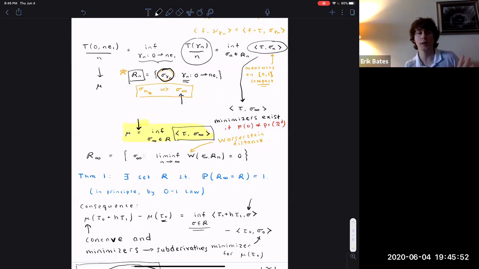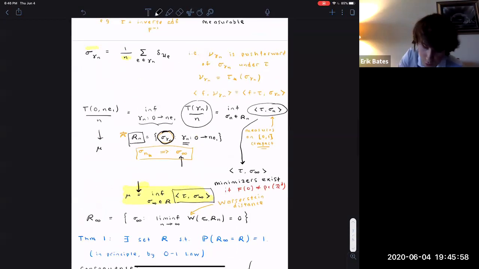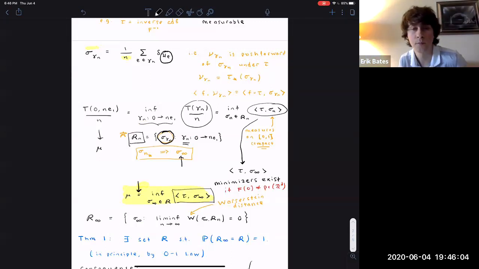So look at all the possible paths between 0 and any 1. Look at the associated empirical measures with respect to the UEs. And then you just take the collection of those, and that's Rn. And this R infinity set is all possible subsequential limits obtained from the Rns. Other questions?